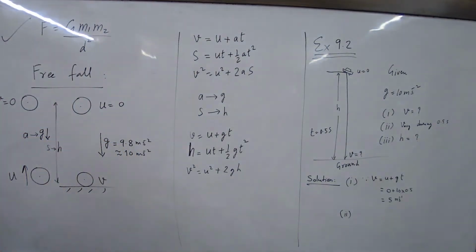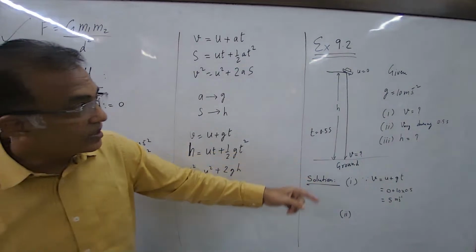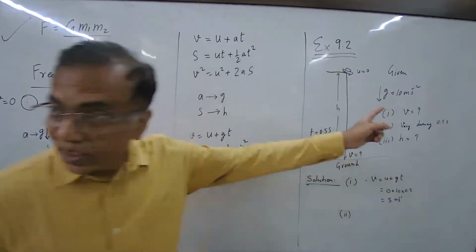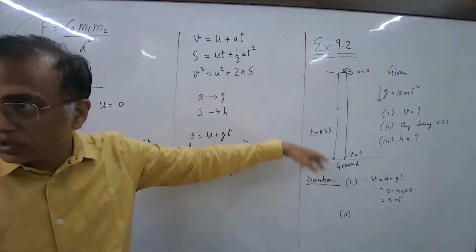There is a formula for average velocity when the acceleration is constant. v1 plus v2, initial velocity plus final velocity divided by 2. You just take the average of the velocities. Okay. That is only applicable when acceleration is constant. And in this case, g is constant. The acceleration due to gravity is always constant.